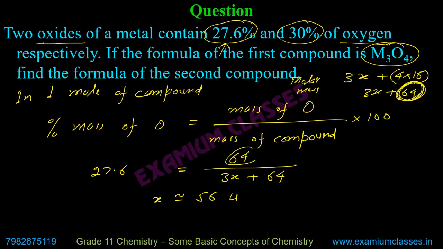Why have I written 64? Because atomic mass I have considered x, but there are three atoms of metal, so that's why 3x. Compare it with CO2. Atomic mass of oxygen is 16, but there are two. That's why I considered 32. So same here.